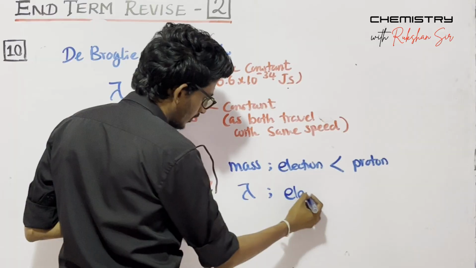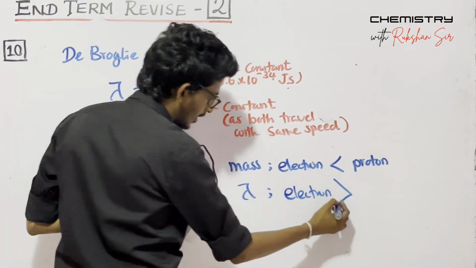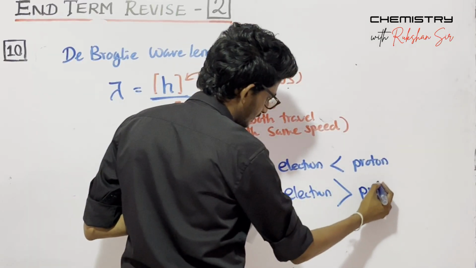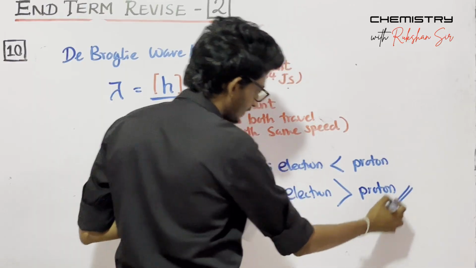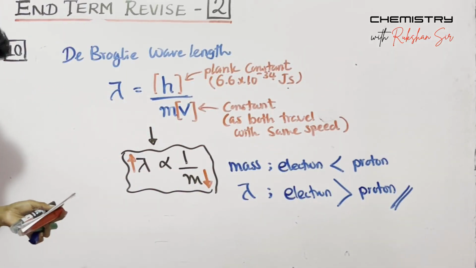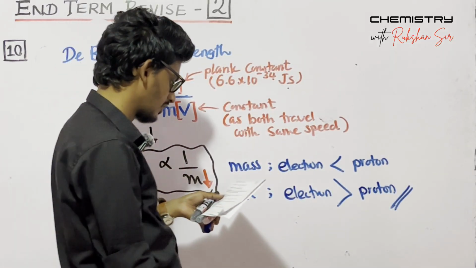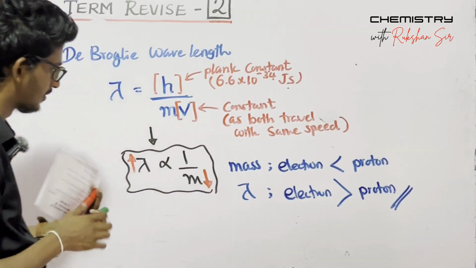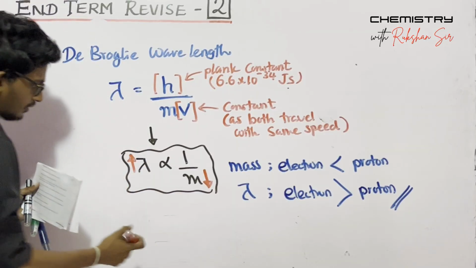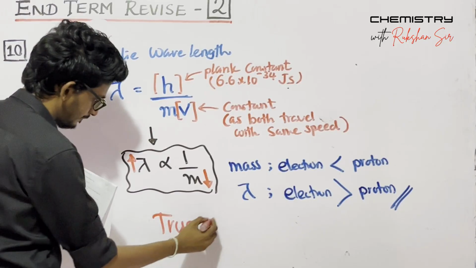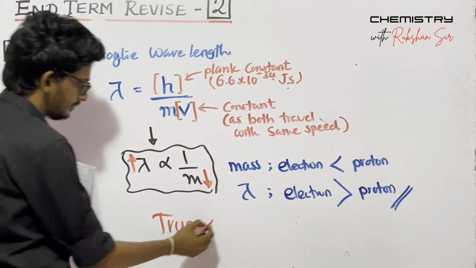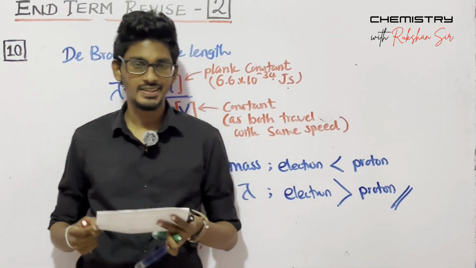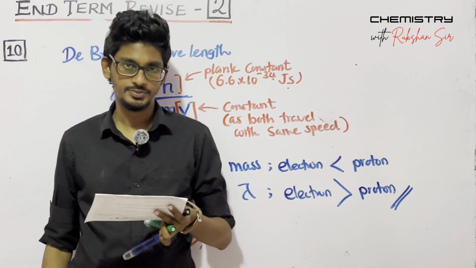So the electron has a greater de Broglie wavelength compared to the proton, right? See the statement again. When considering an electron and proton traveling at the same speed, the de Broglie wavelength is higher with the electron. So the statement is true. That is the review for statement 10 in your revised paper 2, right?